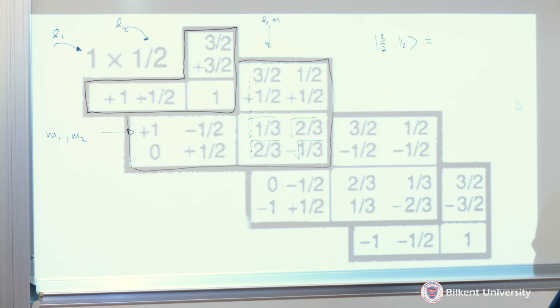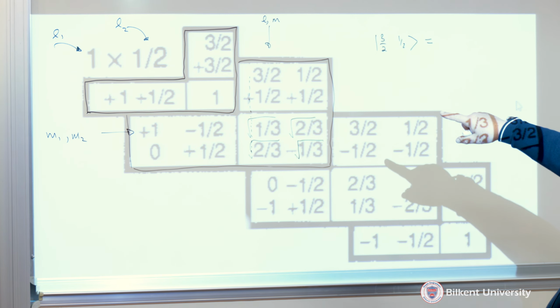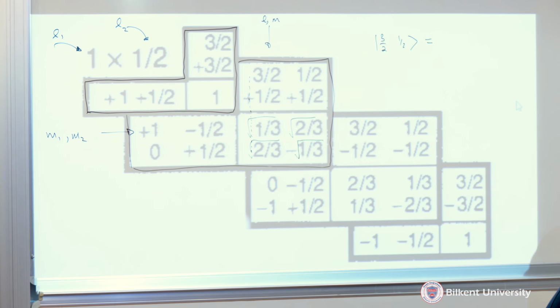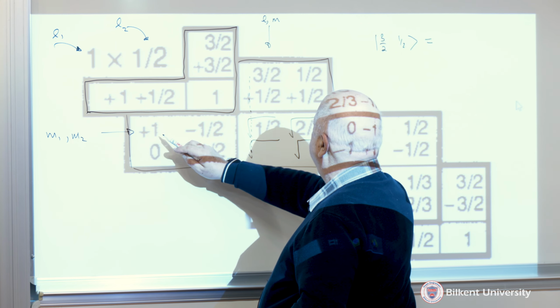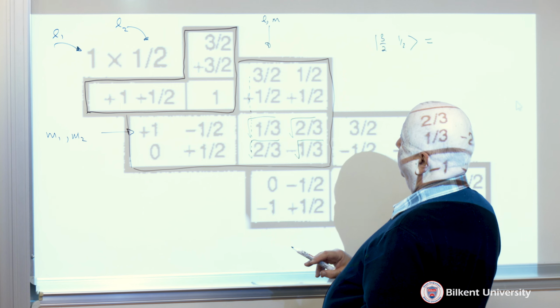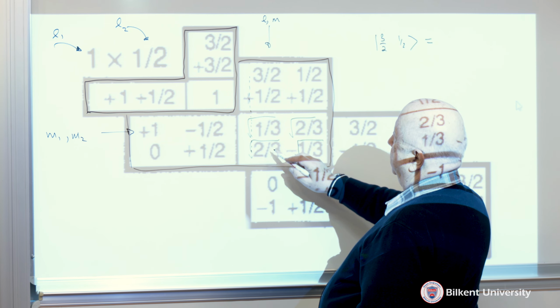Okay, so that quantity, 3 over 2, 1 over 2, is going to be made up of, okay, so let me now look at this. I'm a little confused actually, but that's okay, we'll figure it out.